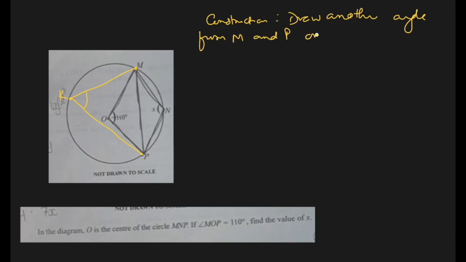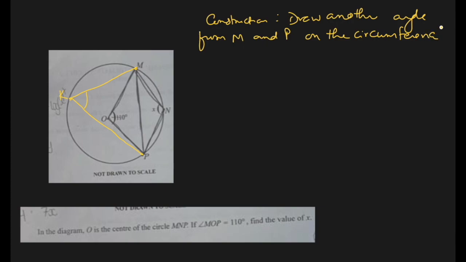So the angle MKP, first we will write construction. Draw another angle from M and P on the circumference. This is construction from our side.